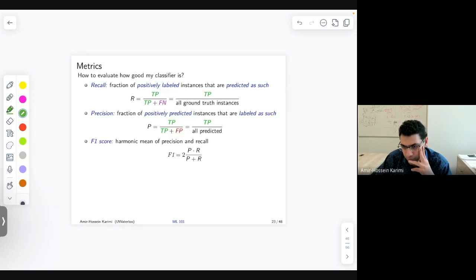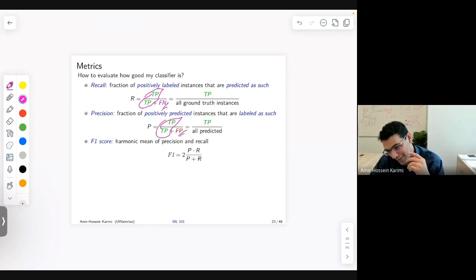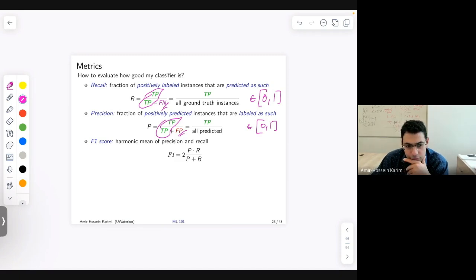Harmonic mean just means that we take the product and divide by the sum in this case. Multiply by 2. Now, to help build a bit of intuition, we can see here that the numerator and denominator contain the same terms. And we know that the values of false negative and false positive are positive integer values. So the domain of both recall and precision is between 0 and 1. What is the domain of F1 score?